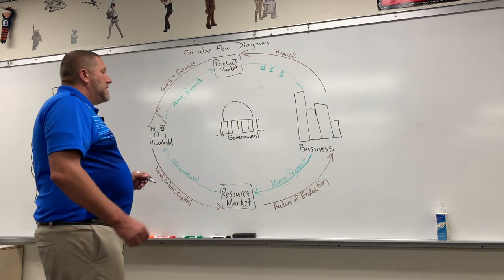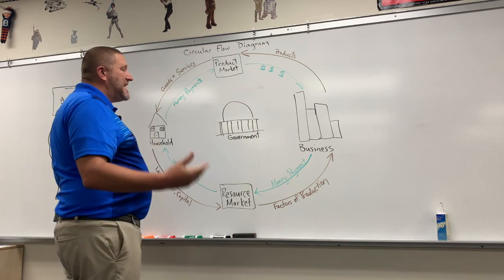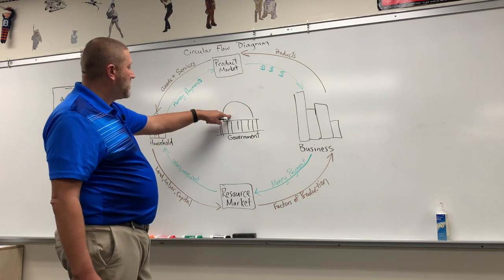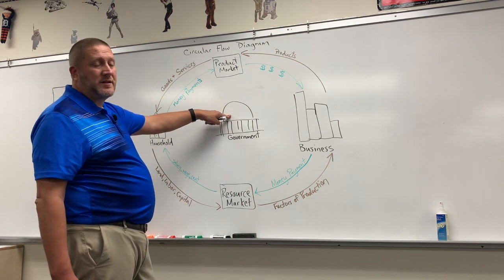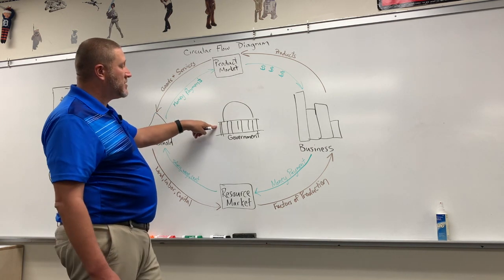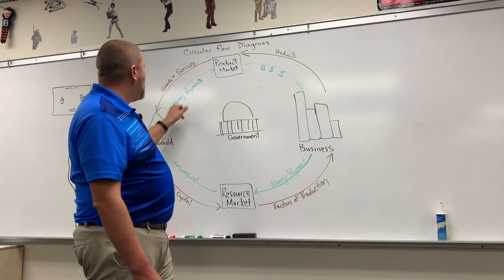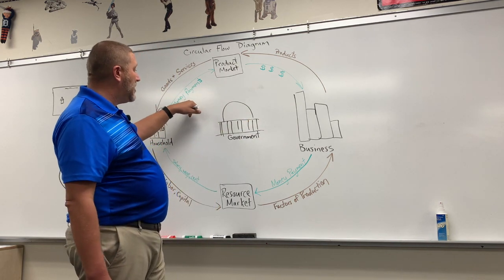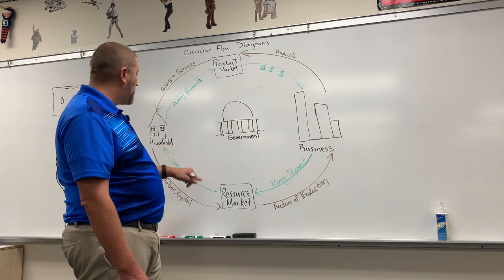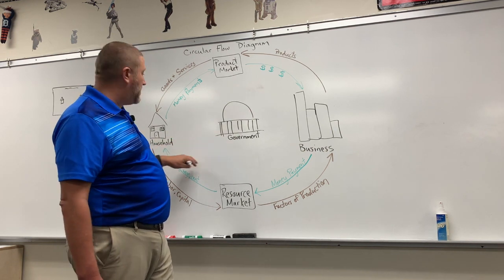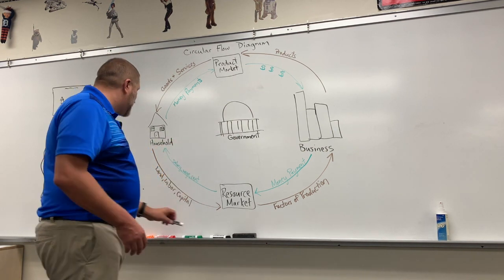Okay. So now we have the same type of thing with government. Households have a relationship with government, and businesses have a relationship with government. There's a product market, which is going to be up here between households and government. There's going to be a resource market between households and government, and that's going to be at the bottom. So how does that work?